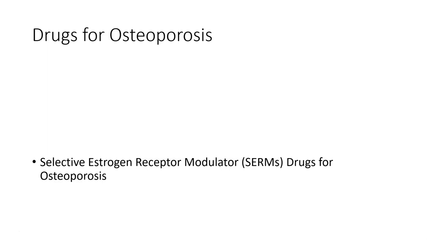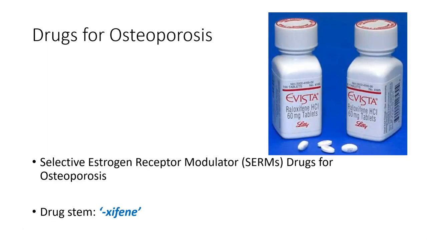They decrease the bone resorption and the loss of bone mass, and they help increase bone mass and mineral density. These drugs end in oxifene, and this is raloxifene. I like oxifene. The book put just the ofene, but I like the oxifene myself. Plus, it rolls a little easier off your tongue. Raloxifene is known by the brand name Evista.